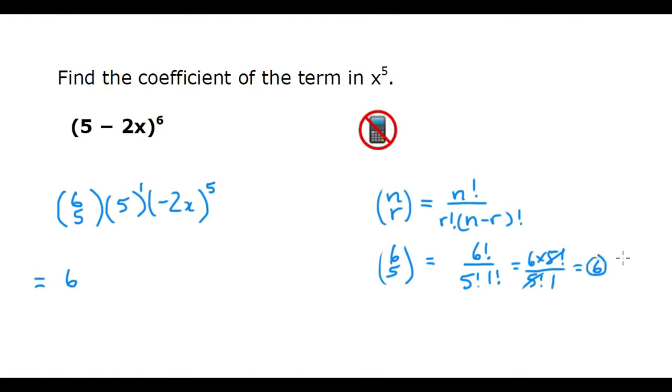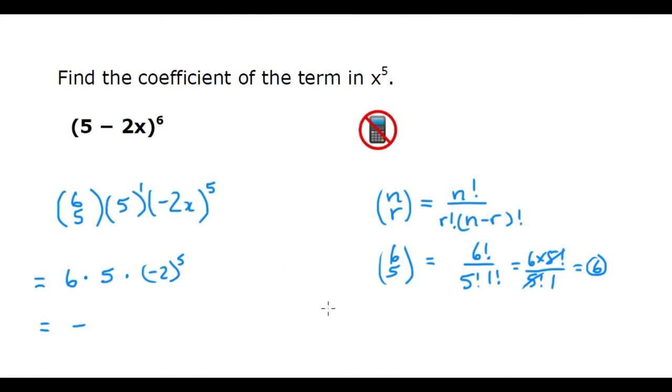So of course if you knew that 6 choose 5 was 6, there's no need to show that work. So our coefficient here is going to be 6 multiplied by 5, and then just make sure that you know what minus 2 to the power of 5 is, and watch your negative here. That's going to be a negative answer. You can use your fingers here: 2, 4, 8, 16, 32.